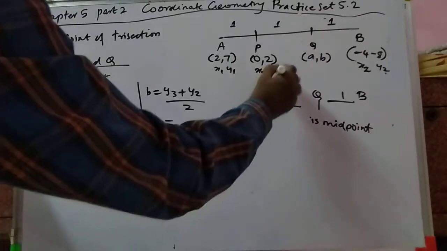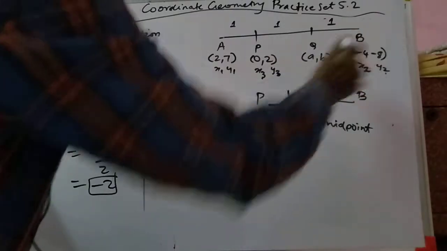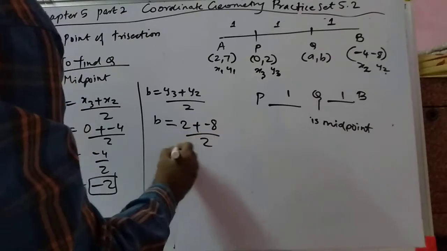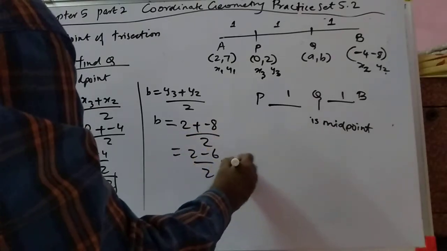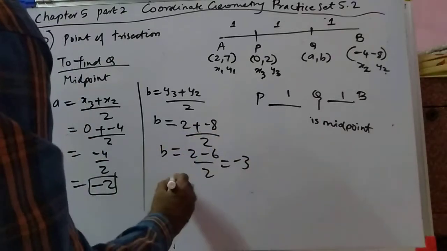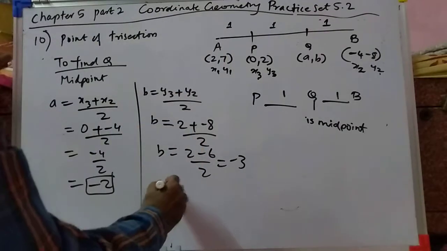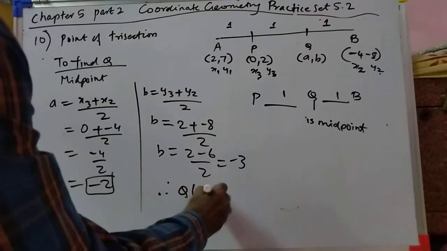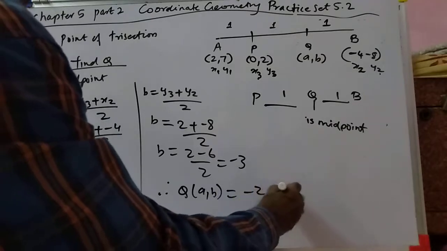B is Y3 is 2, Y2 is minus 8, upon 2. 2 minus 6 upon 2, that is minus 3. Therefore Q, A comma B, is equal to minus 2, minus 3.